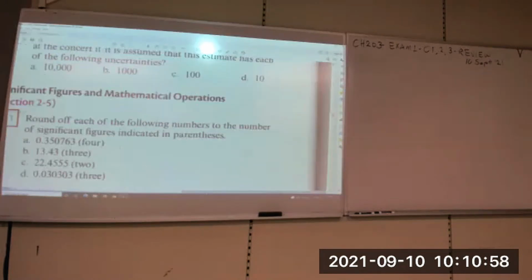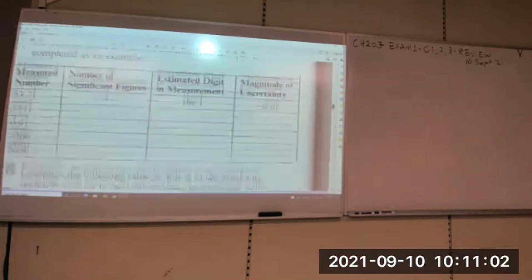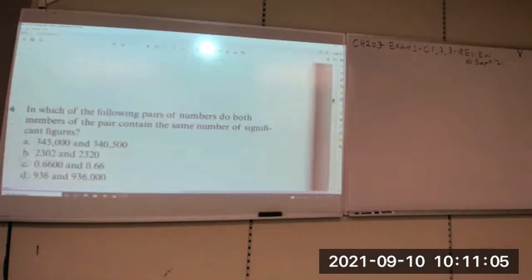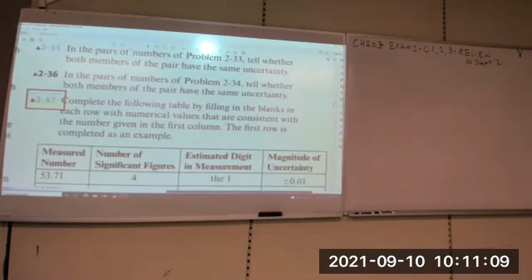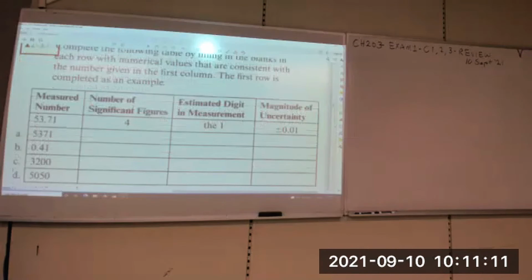All right, so let's scroll to the right. And go back here. There. Number of significant figures, estimated digit, magnitude of uncertainty.